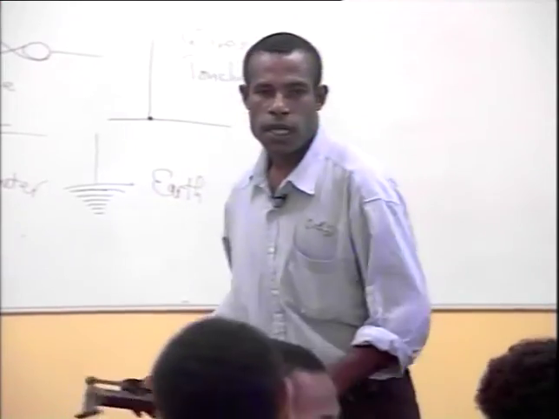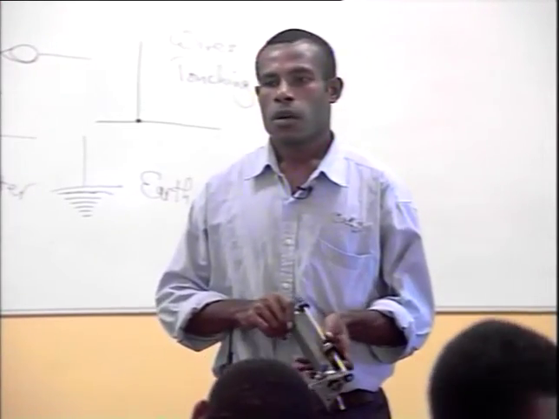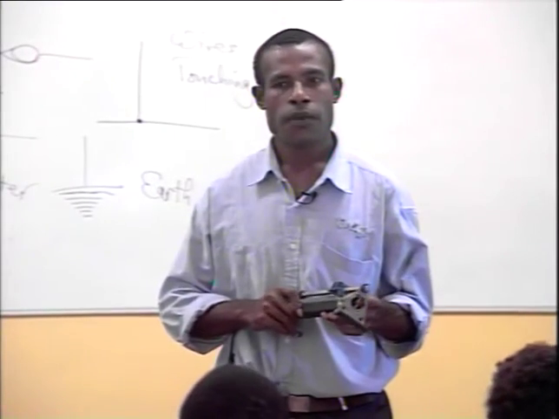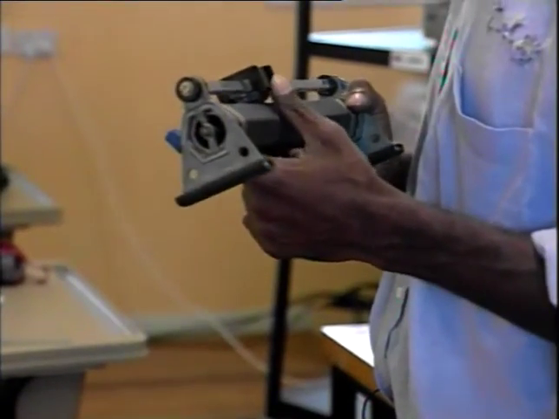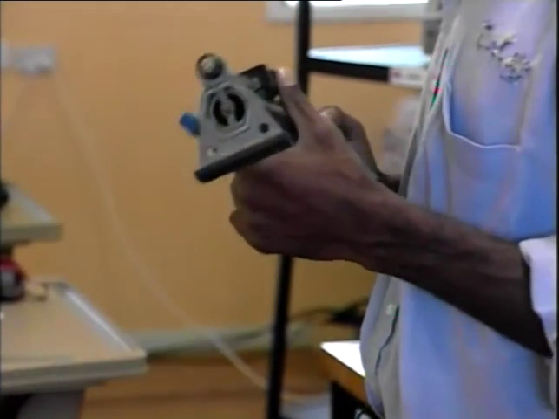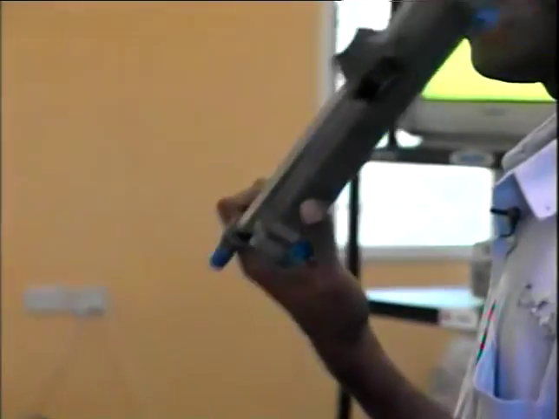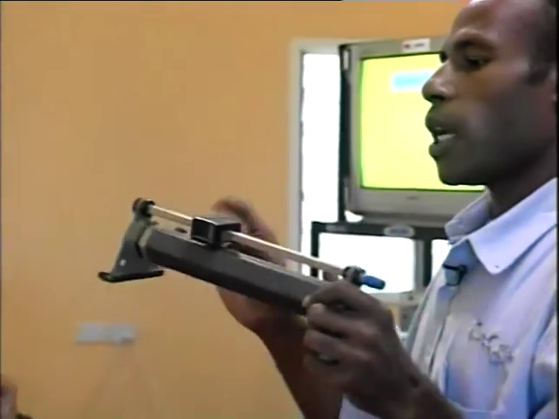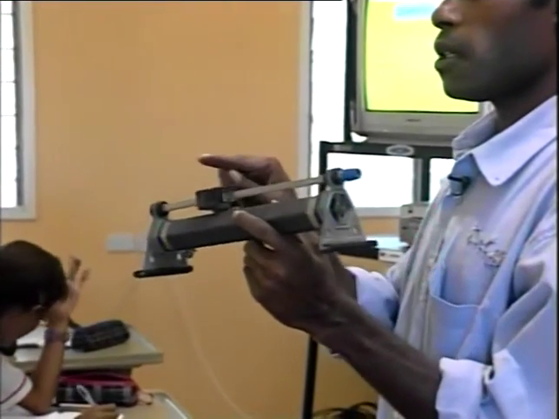The next one is a fuse. But you can simply construct a fuse from a high resistance wire. Okay, I don't have a fuse to show you, or a fixed resistor. But this time I have a variable resistor. What happens is that it has to vary the current that is passing in the circuit.